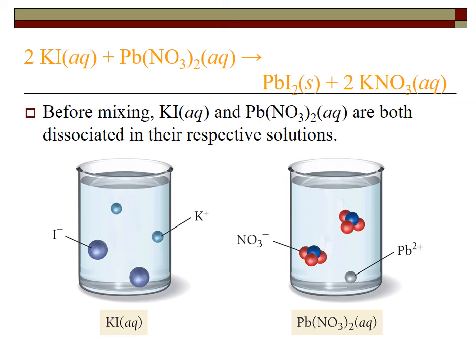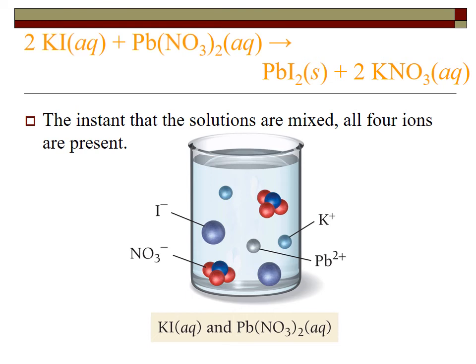In my other beaker, I have lead nitrate. How do I know that dissolves? Nitrates are always soluble. If I look back at my chart, nitrates are always soluble. So in this case, I have lead(II) cations and nitrate anions floating around.